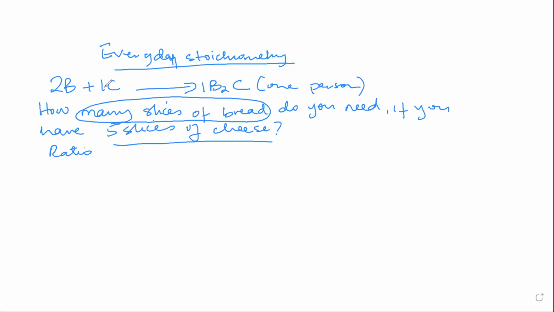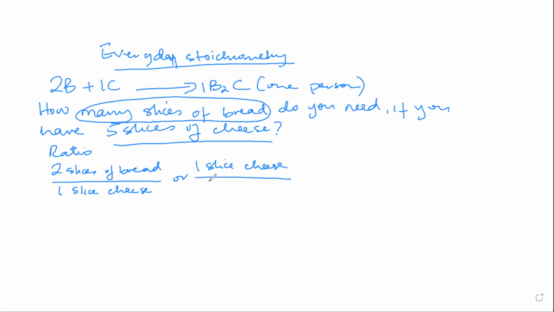So from the balanced equation, we can say 2 slices of bread over 1 slice of cheese, or 1 slice of cheese over 2 slices of bread. This is the ratios. Okay, I put it in fraction form because we will use it in calculation.